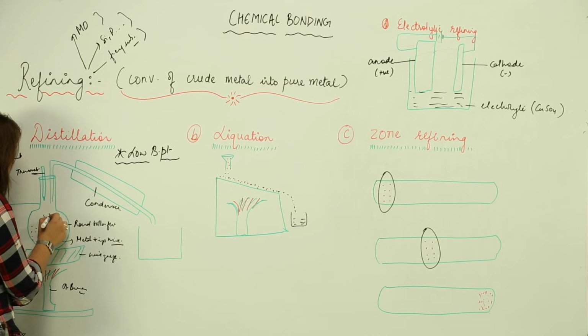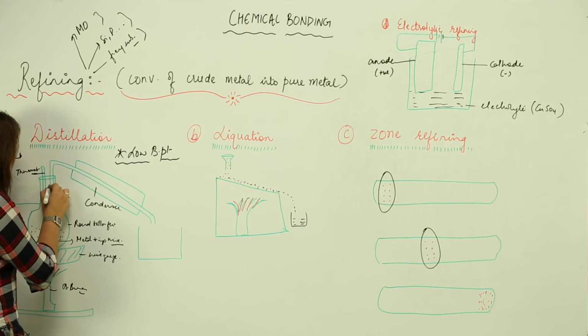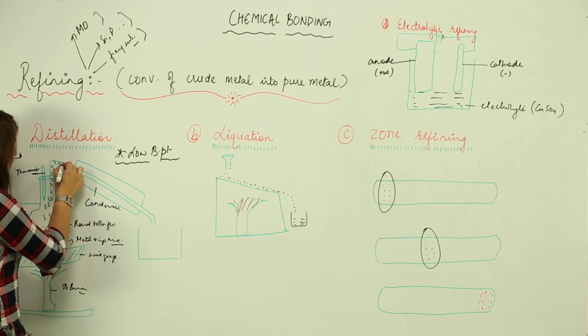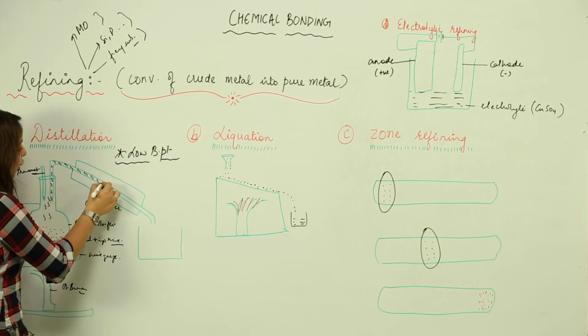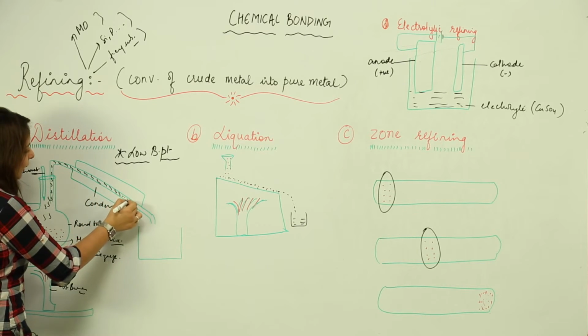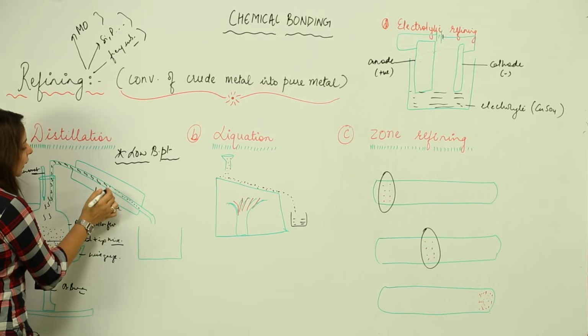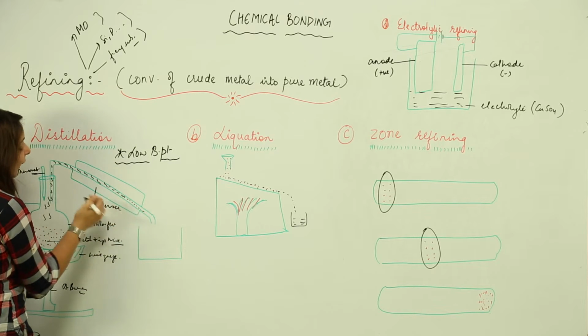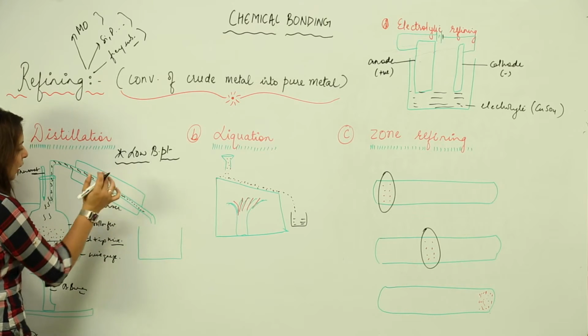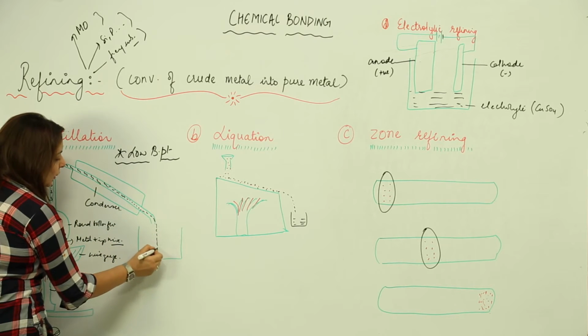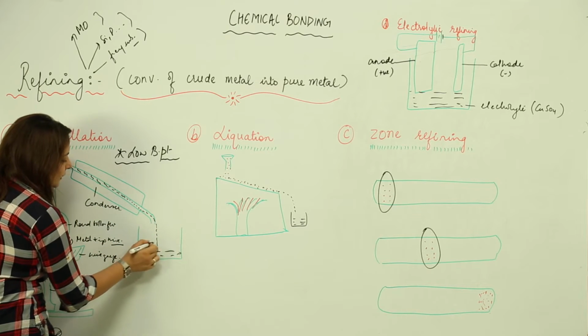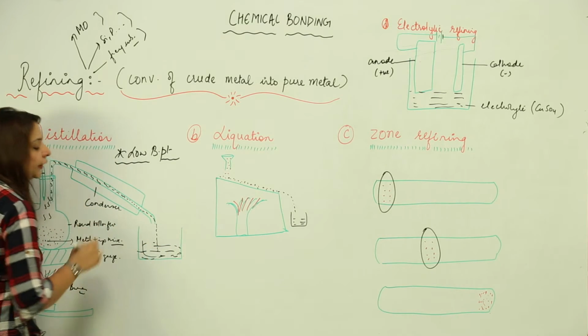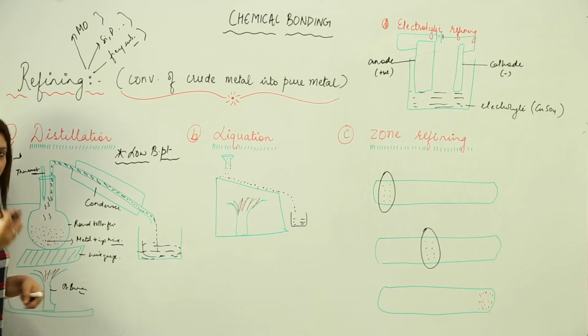The metal will vaporize, and as it vaporizes, it rises and passes through this tube, and on passing through this tube it gets condensed, because this is a condenser outside, and likewise we can collect our metal here. That means the vapor is getting condensed.